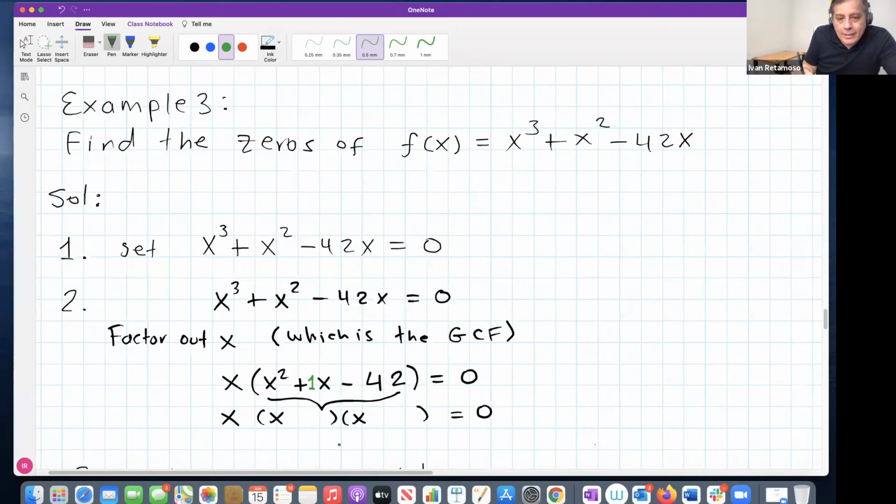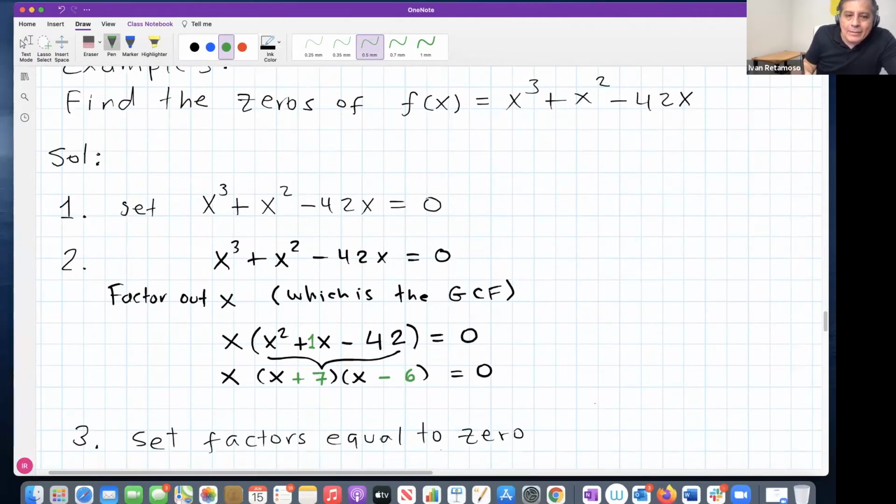After some trial and error, you will discover that those numbers are 6 and 7. One of the numbers must be negative for the multiplication to be negative. The one that has to be negative is the 6, because you want the sum, plus 7 plus negative 6, to be 1. So you're okay with this factorization, guys? Okay.